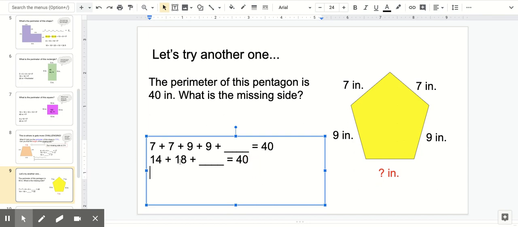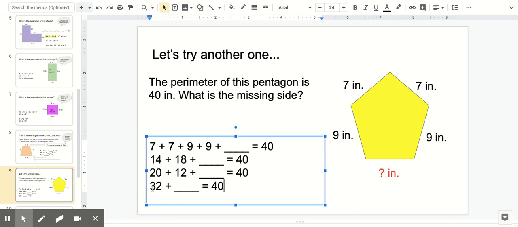Now I'm going to break apart this 14 and 18 to add it together. 10 and 10 is 20. 4 and 8 is 12. Still have a missing piece. I don't know what that missing side is yet, but when I add it, it's going to be the perimeter of 40. All right, now I'm going to add these two together. 20 plus 10 is 30, plus 2 more is 32, plus something, that missing side, is going to give me a perimeter of 40.